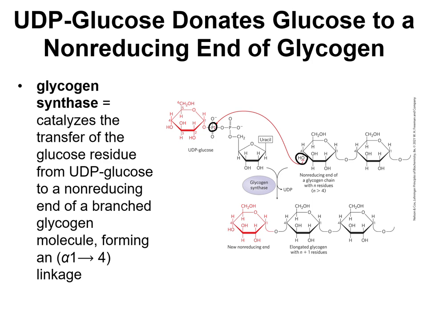You release UDP, it's a great leaving group, and you form a link between the glucose that was on the UDP molecule and the glycogen chain that already exists.